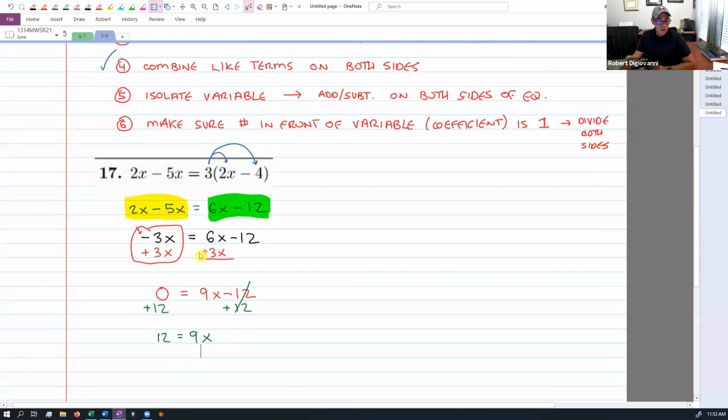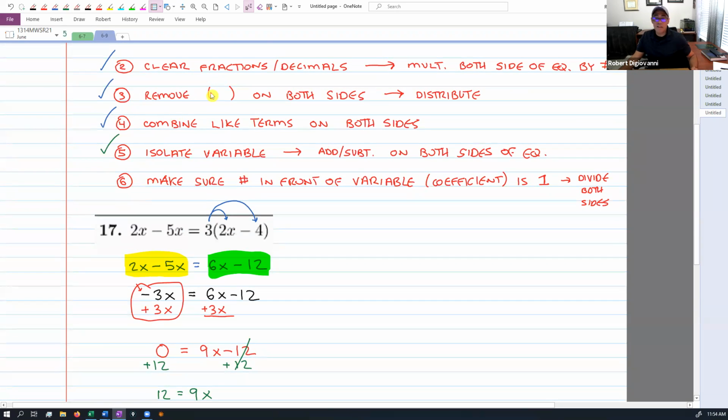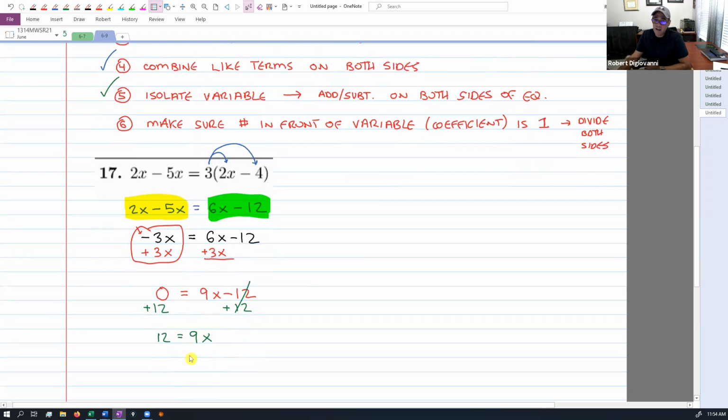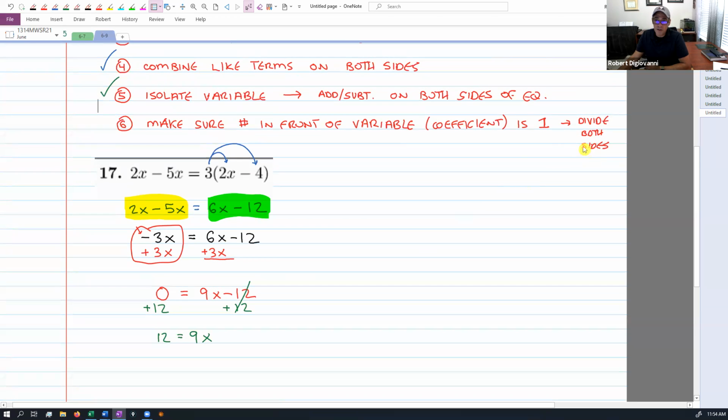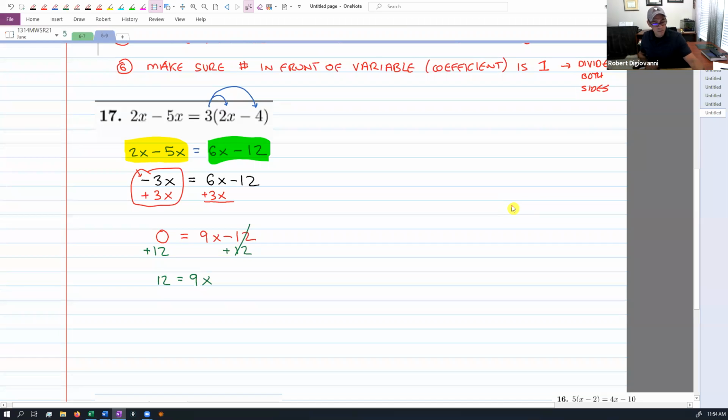Good. So Lily has isolated the variable, right? She's got the stuff with variables on one side. But there's one more thing we have to check, and that is that the number in front of that variable is a 1, which in this case it is not. It's a 9. So the final step, Lily, will be to somehow get rid of that 9, and this is where we will divide both sides by something. So divide by what? 9.